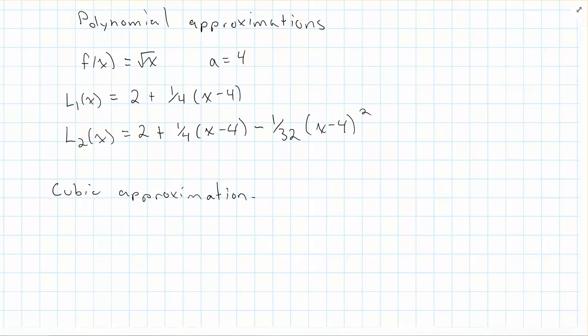And so what we're going to need to do is add on another term, c, times x minus 4 to the third power, because that will give me a cubic. But then again, we have to determine this.